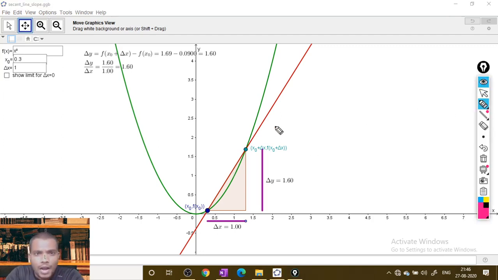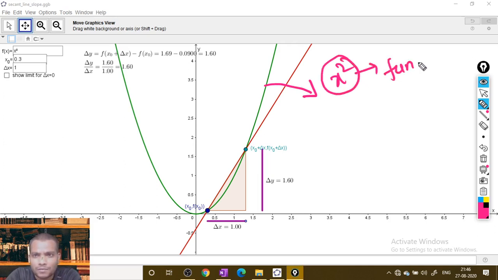So here I have a graph. This green line is a graph for x square. x square is a function, so the graph is plotted for the function x square.